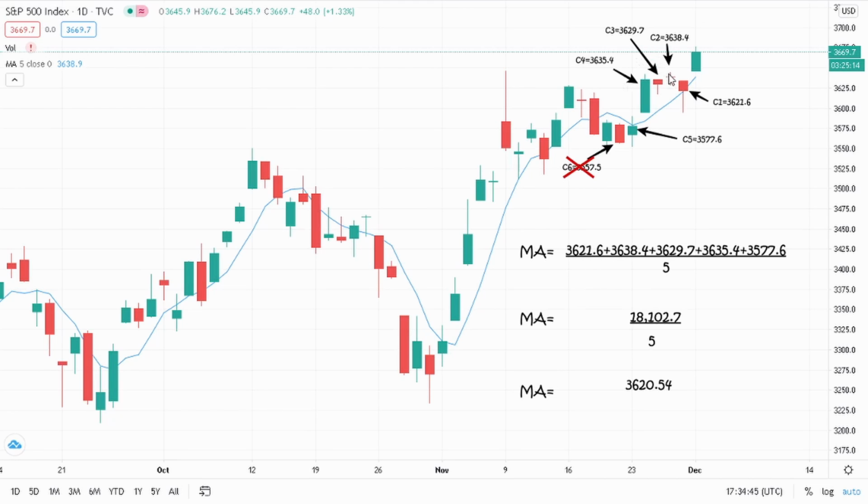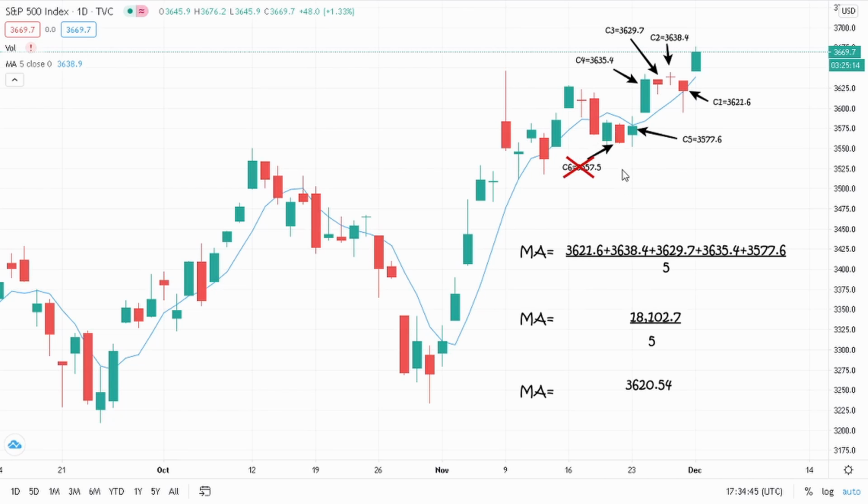Now, November 27th, which was the first closing price in the previous equation, is now going to be the second closing price, which is $3,638.40. And then November 25th will be the third closing price. November 24th will be the fourth closing price, and November 23rd will be the fifth closing price.